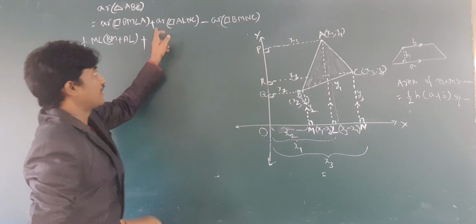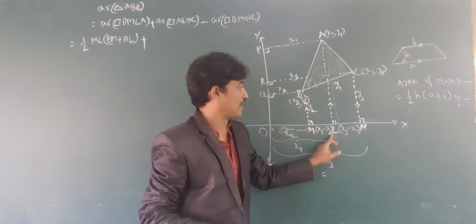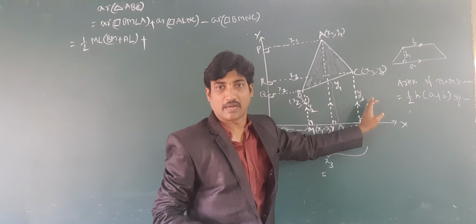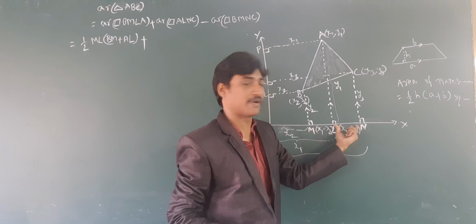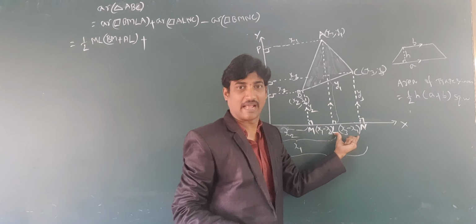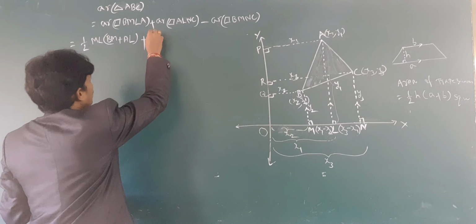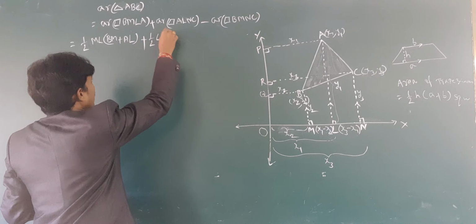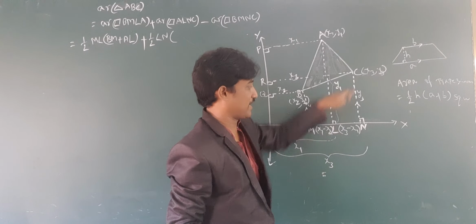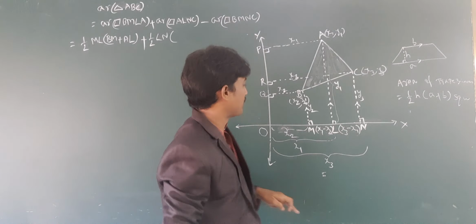Plus area of ALNC. These two are the parallel sides, and the perpendicular distance between them is h, that is LN. So half LN into the parallel sides (AL plus CN).